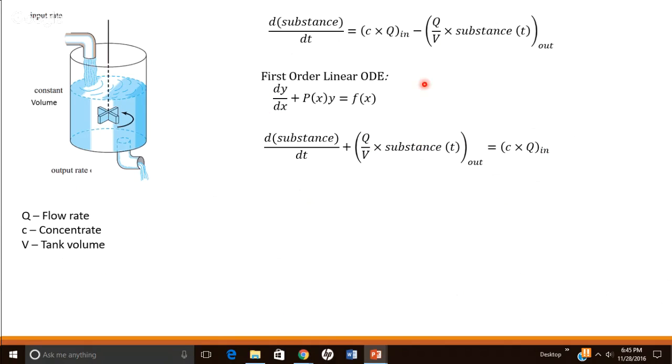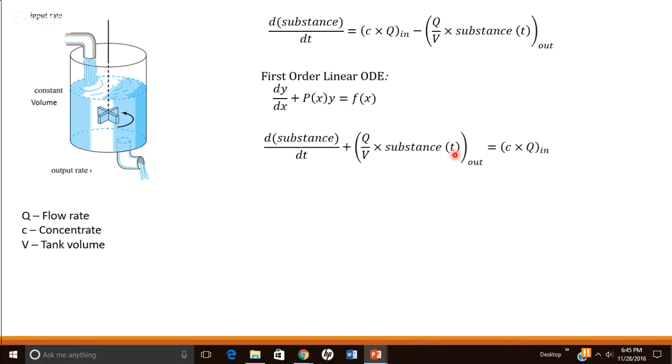If you look at this again, putting this into the standard form of a first order linear differential equation, you've got the rate of change of the substance in that tank. Salty water going in is changing the amount of salt in the tank with respect to time. Here you've got what's going out of the tank, the flow rate per volume multiplied by the full amount of substance that's actually in that tank.